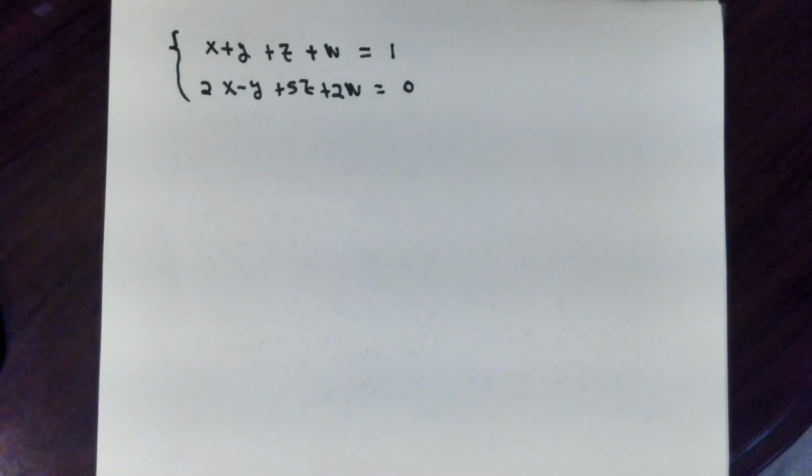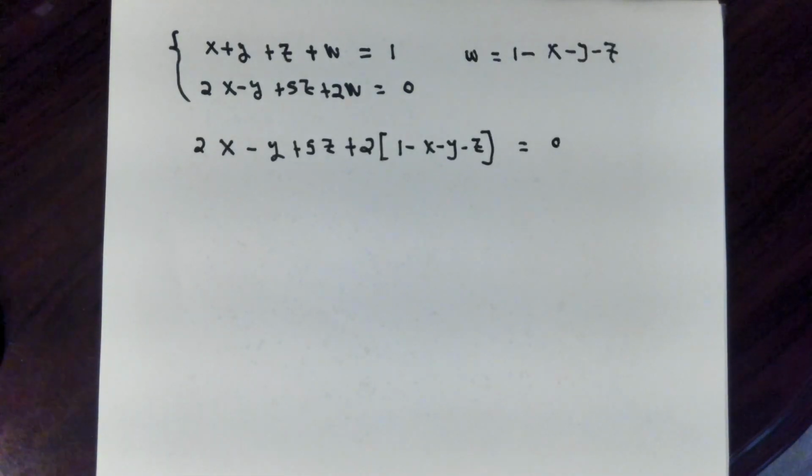You could also have fewer equations than the number of variables. So in this little example, I'm going to think of x, y, z, and w as being my variables. I want x plus y plus z plus w to equal 1. I also want 2x minus y plus 5z plus 2w to equal 0.